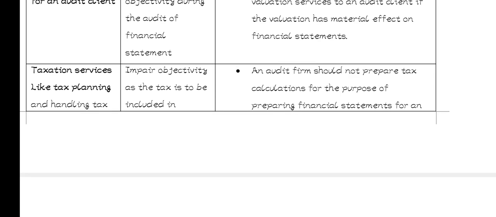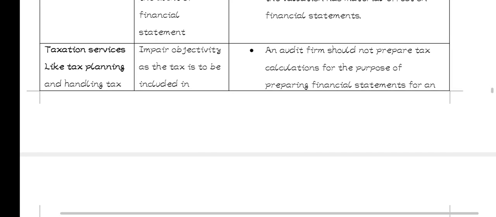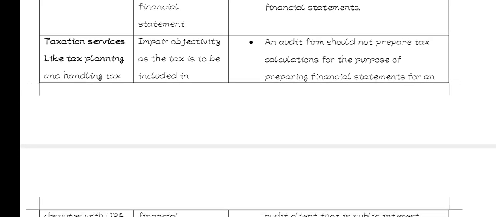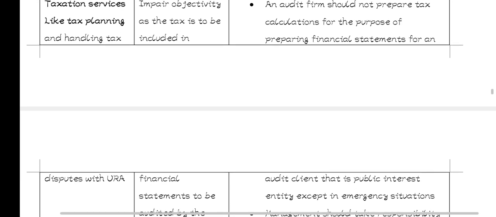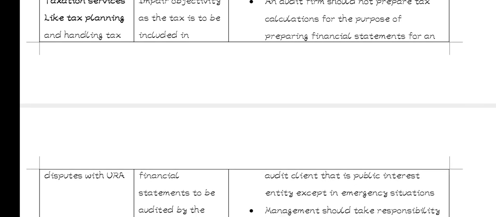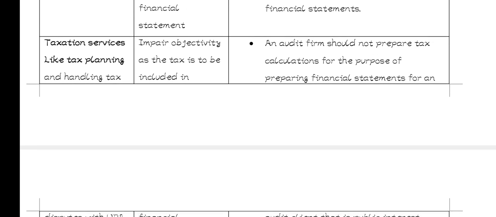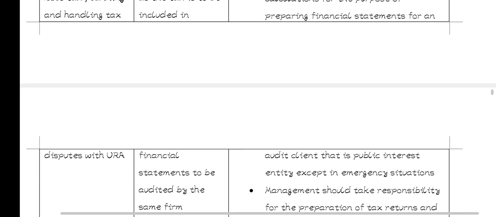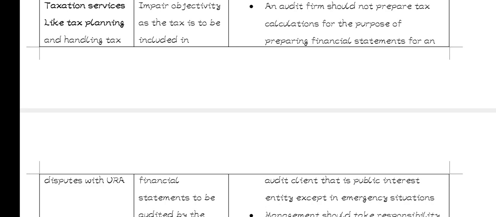Then another threat is taxation services like tax planning and handling tax disputes with URA. Like in case KPMG is helping MTN with taxation services, like to plan for their taxes and then solving their tax disputes with the Uganda Revenue Authority.